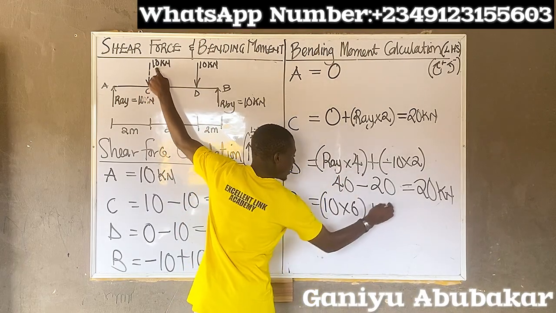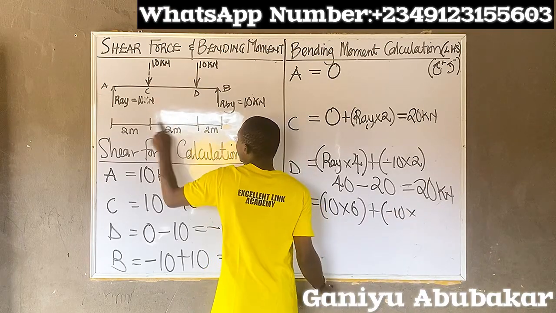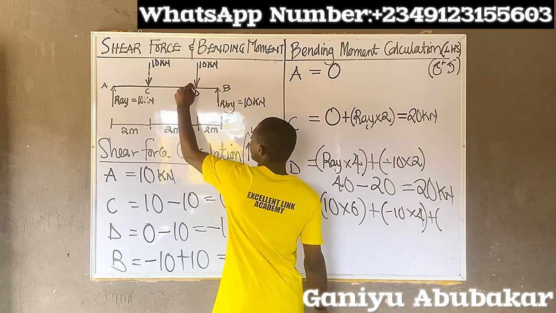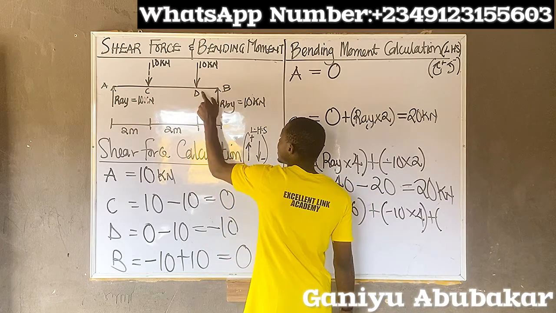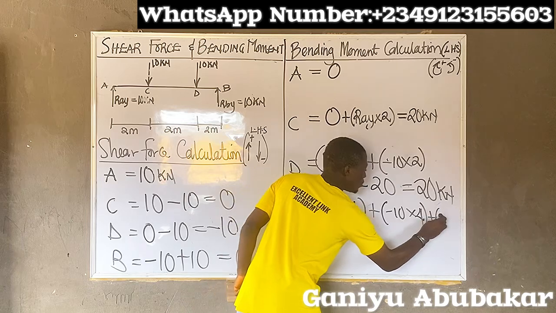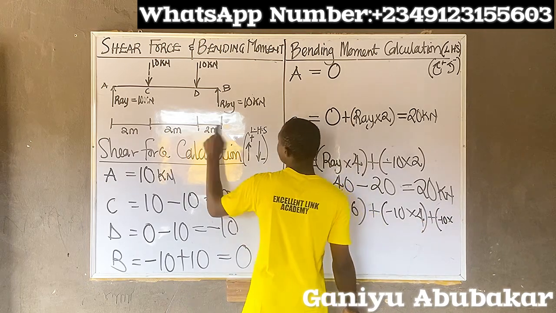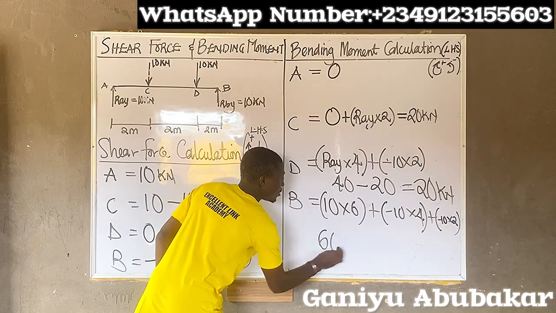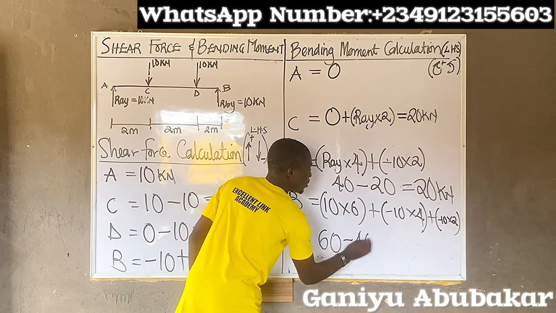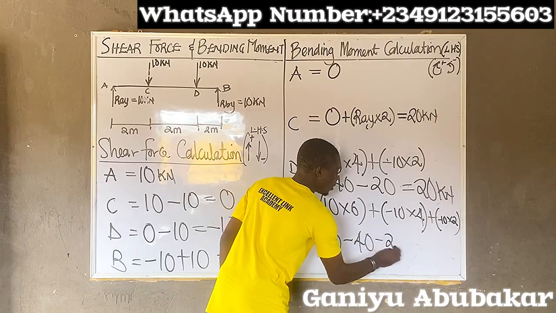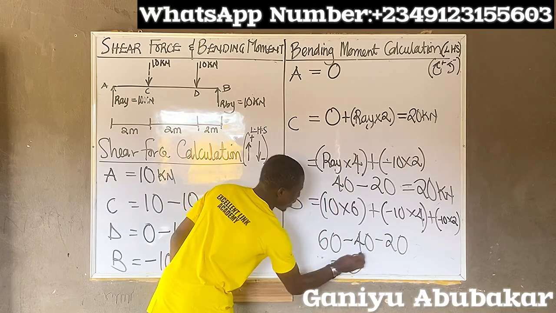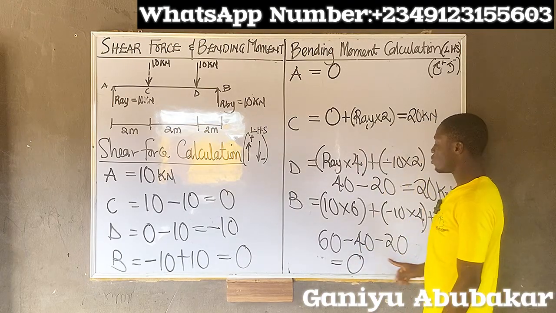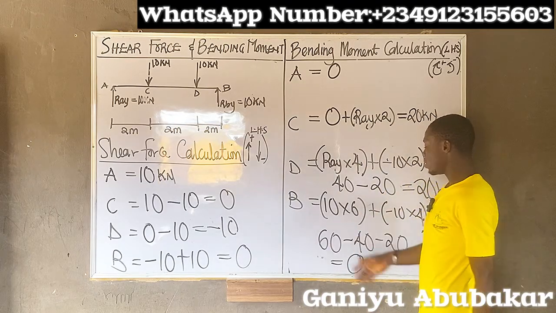That gives you negative 10 times 4, plus this one moving at the same anti-clockwise, that gives you negative 10 times 2. Alright, I have this. This gives you 60 minus 40 minus 20. What's the value here? It's 0, because negative 40 minus 20 gives you negative 60, plus 60 gives you 0.